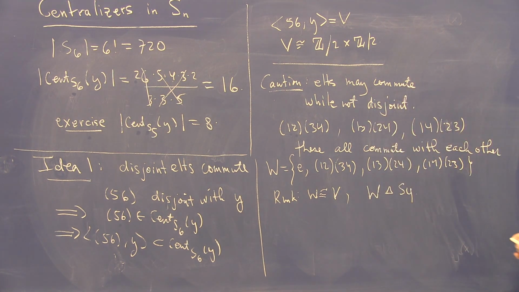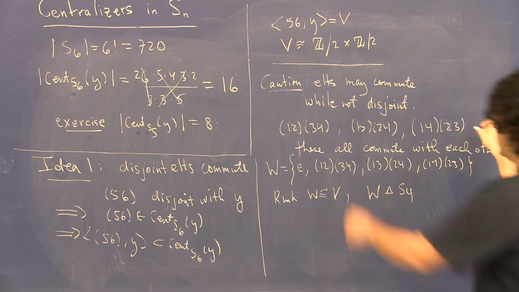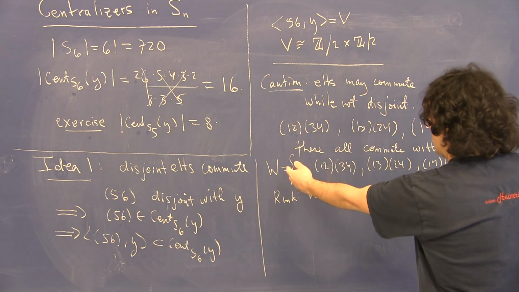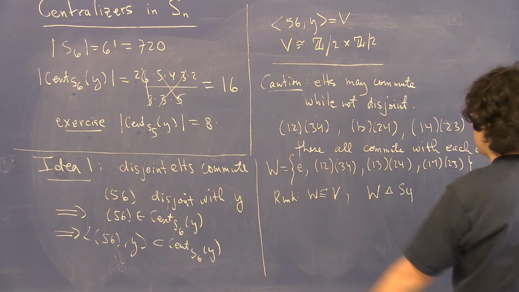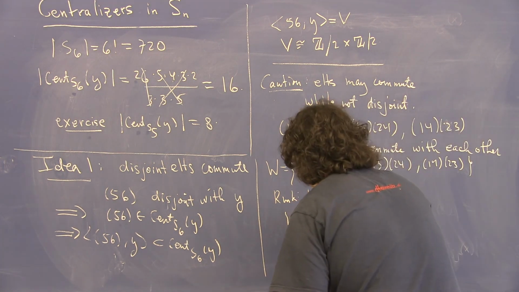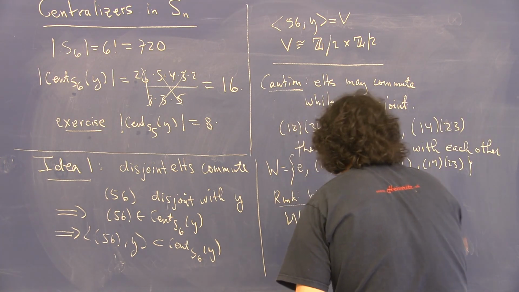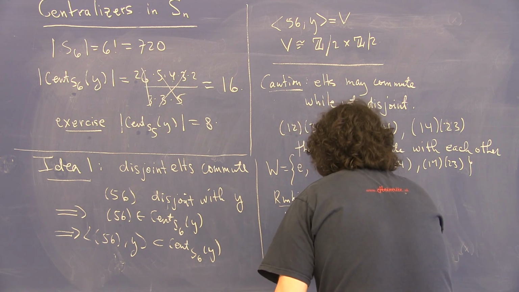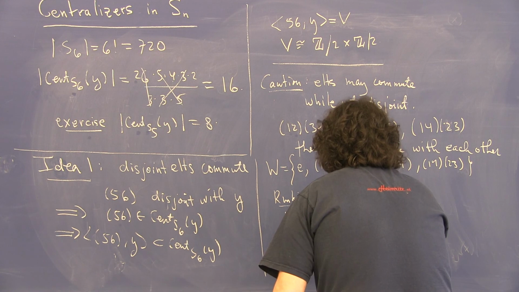That's why it's famous. All right, but okay. So this little secret is giving us more elements in the centralizer because this (1 2)(3 4) is y. So we have W is contained in the centralizer in S6 of y.